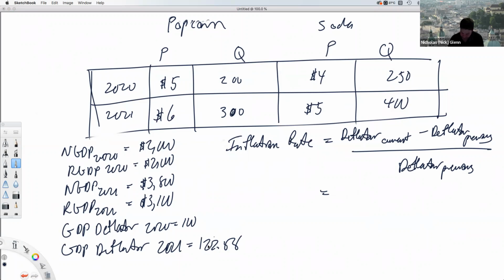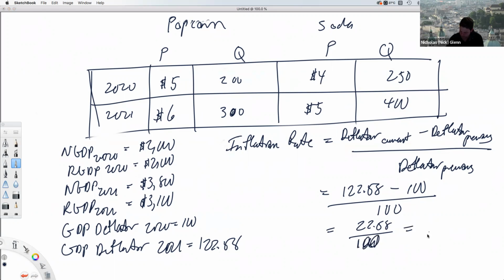Well, the current deflator is 122.58 minus the previous year, 100, all over the previous year. So this is going to give you 22.58 divided by 100, which equals 0.226. Or you can write this in percentage terms, just multiply it by 100.